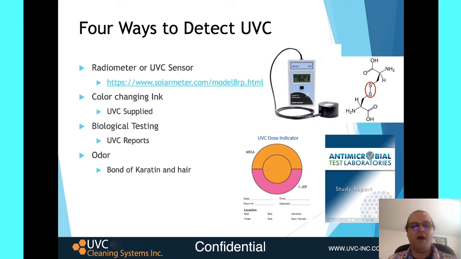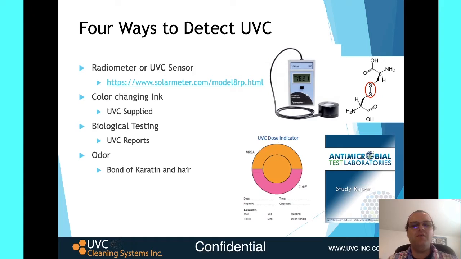Supplied with all of our products are UVC dose indicators using a color-changing ink that is special to our wavelength of energy. And when the ink reacts to it, it changes from a yellow color to a darker pink. We of course have antimicrobial test reports available for you for all our products that have been tested in the lab against certain pathogens such as MRSA, C. diff, or Listeria.